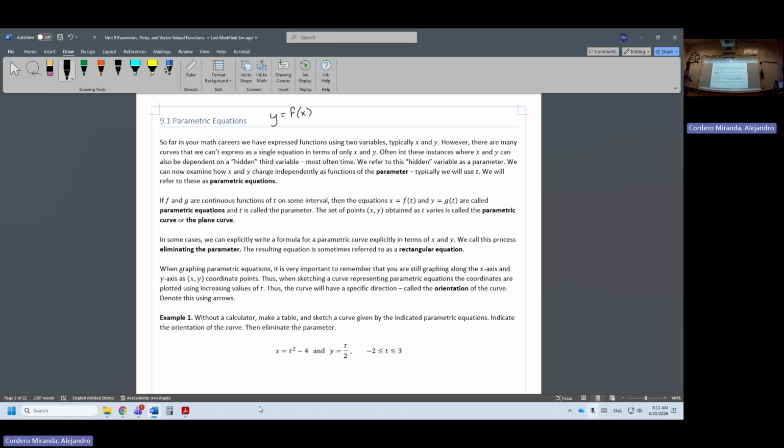But sometimes it's useful or interesting to have both x and y change with respect to a hidden third variable, most often time. Again, you'll see applications of this coming up at least.